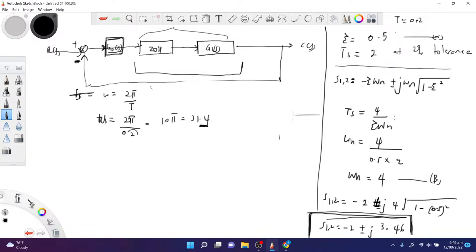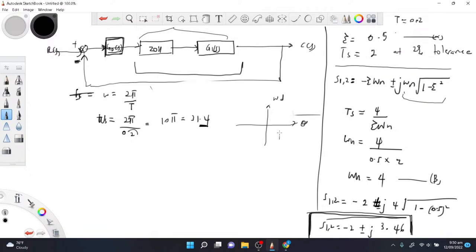Now also find the frequency at which the closed-loop system is operating. So how do you get that? We get that from here. If you represent this on the S plane, this is the omega d axis, this is the sigma axis.